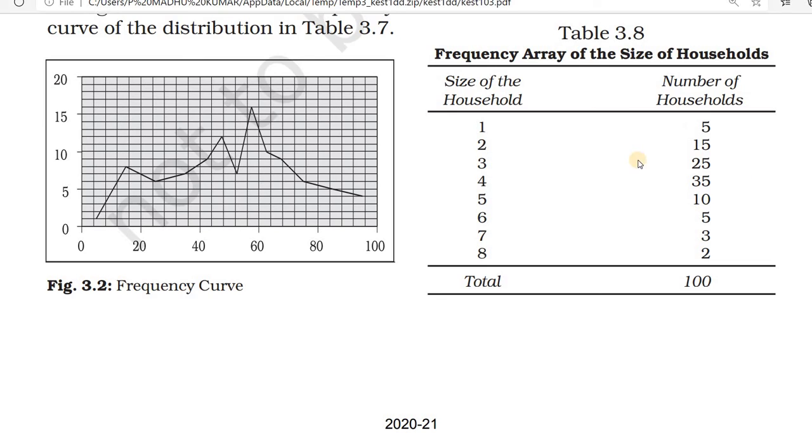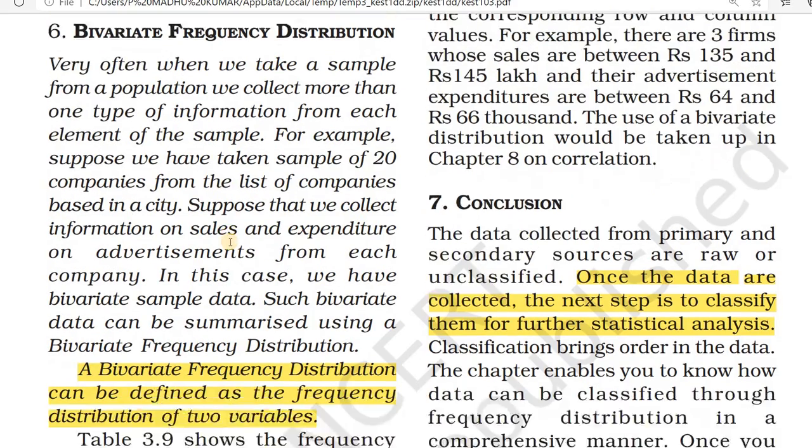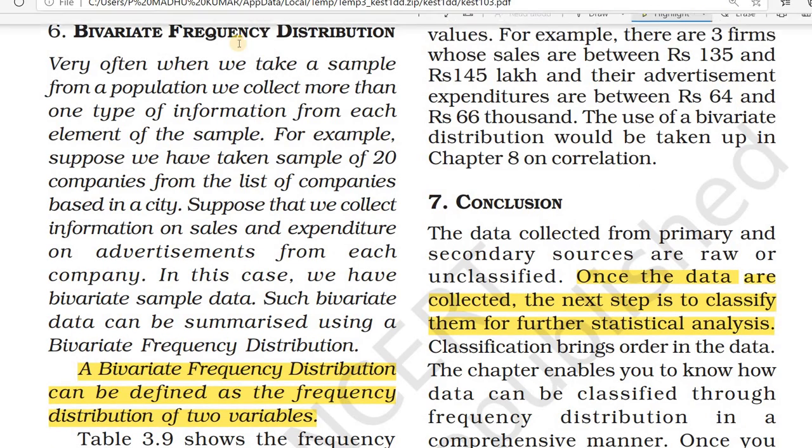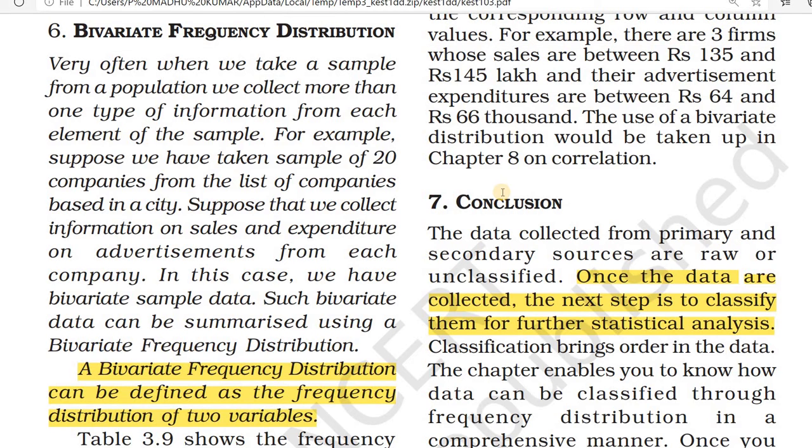Now we can study bivariate frequency distribution. What is a bivariate frequency distribution? We know we take a sample from a population, and we collect more than one type of information from each element of the sample. Example, suppose we are collecting a sample of 20 companies and we collect the information of sales and expenditure. Two pieces of information we are collecting, sales and expenditure.